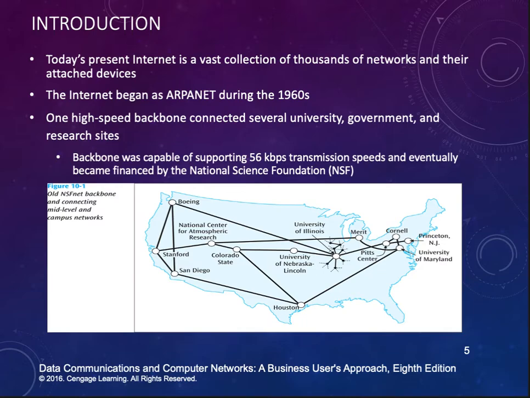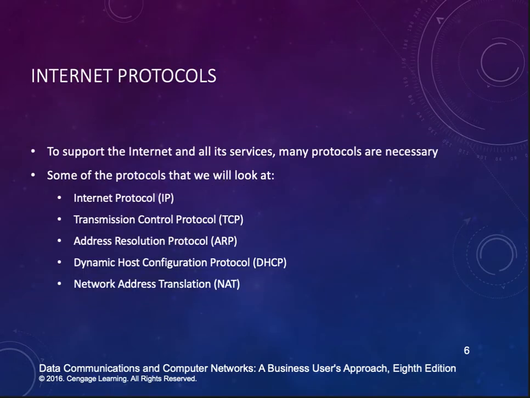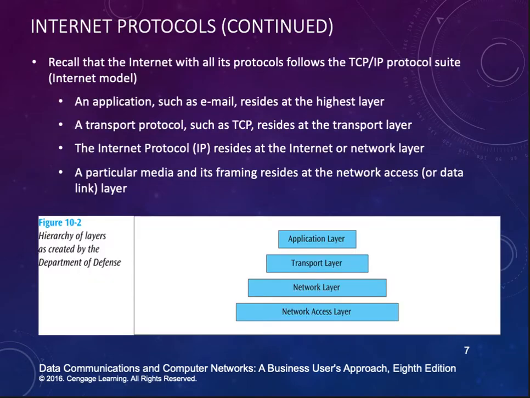Okay, having said that, let's move on. We talk about internet protocol, TCP/IP, ARP, DHCP, and NAT. Take a look at it. For IP, as we can recall, from the highest level, things like email, to the transport layer, as we can see here, 4 layers.